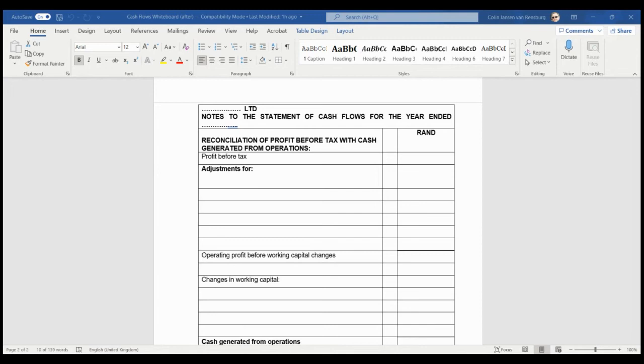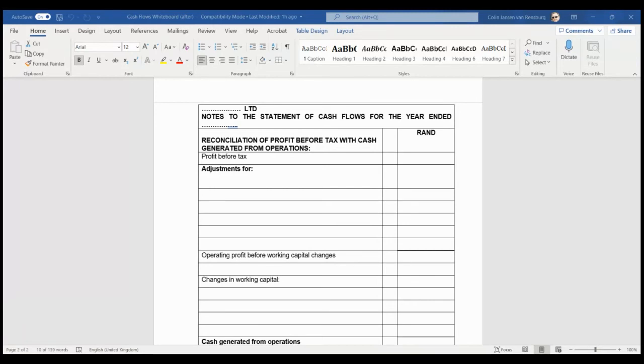So if we start with that figure and we want to end with cash generated from operations, it means we will have to go and make two kinds of adjustments to our profit before tax. You can see just after we start profit before tax, there's a little subheading called adjustments for. So really, we've got to go and adjust our profit before tax with two categories of items.